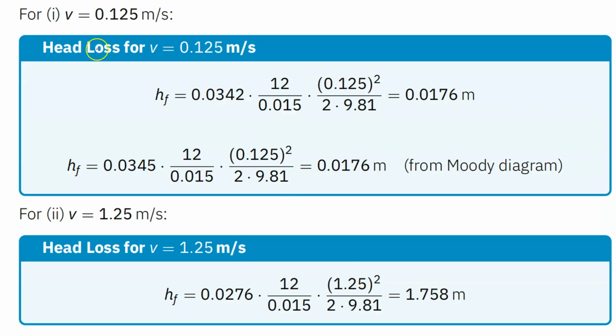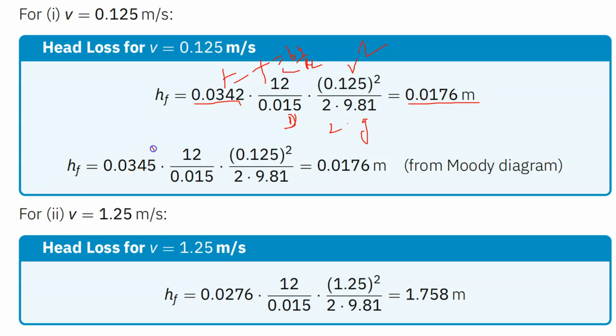Now if we want to calculate the head loss for V of 0.125, we will use the Darcy-Weisbach equation, that is hf equals f L by D, times V square by 2g. Here f is the friction factor we calculated from f equal to 64 by Re, so hf is 0.0176 meter.